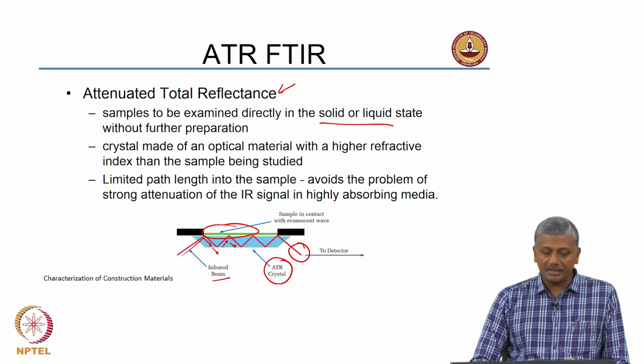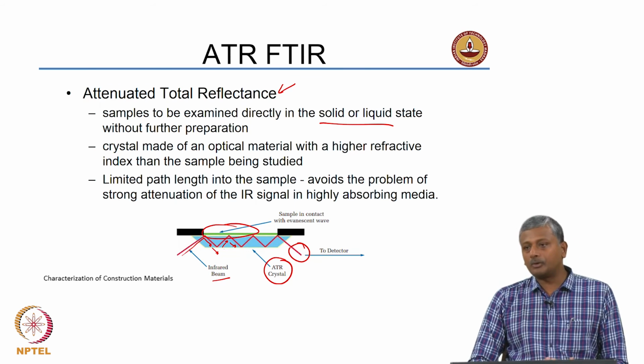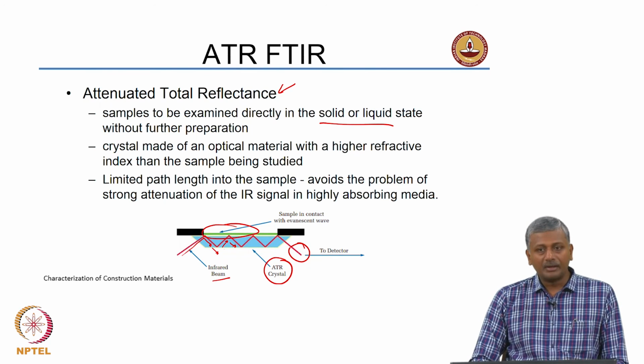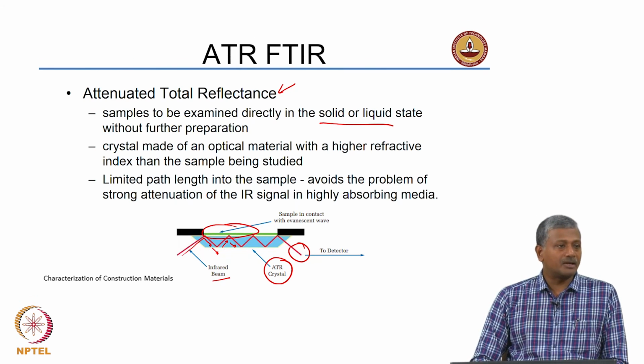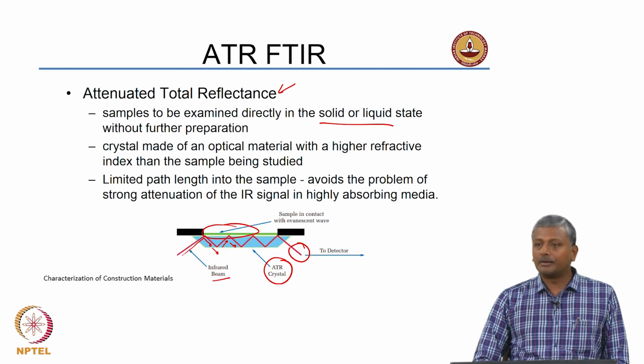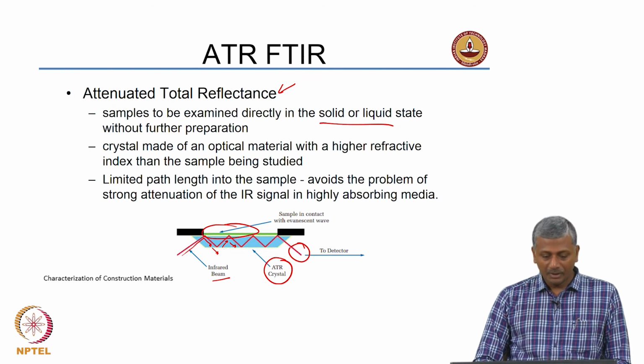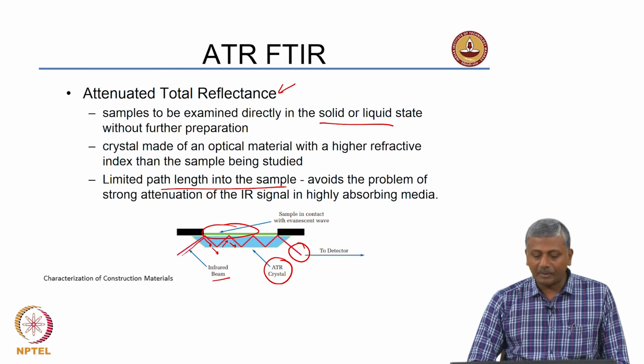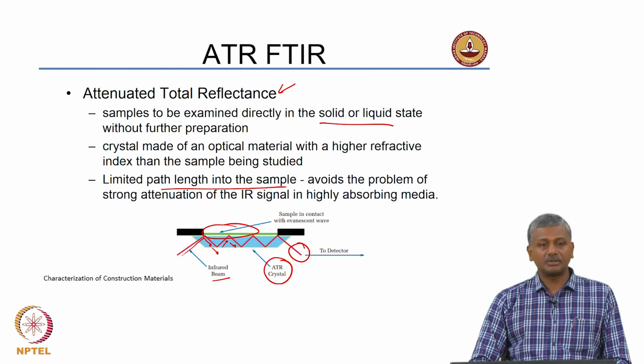This is an ATR technique which is not available in older FTIR instruments, but today you can get combined FTIR instruments which have both ATR and regular transmission techniques. There is a limited path length into the sample, which avoids the problem of strong attenuation in highly absorbing media. What do I mean by that?